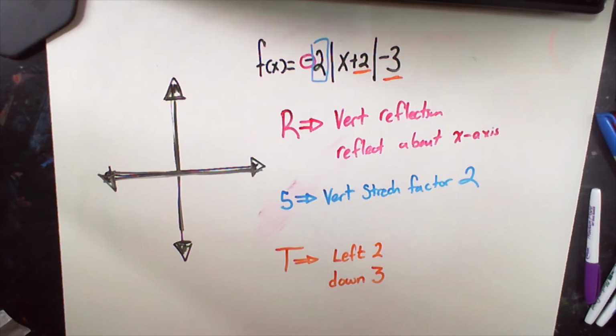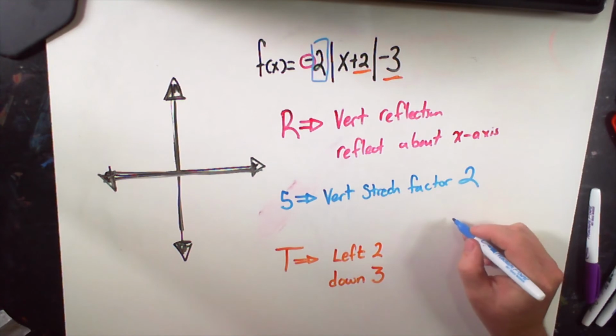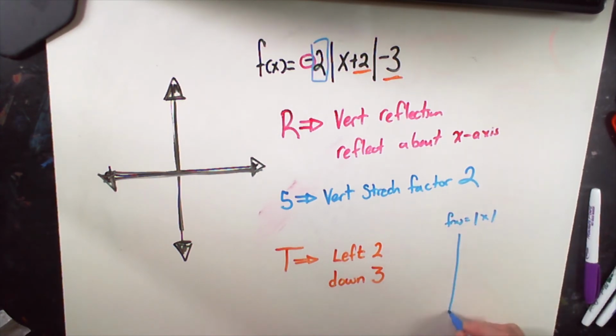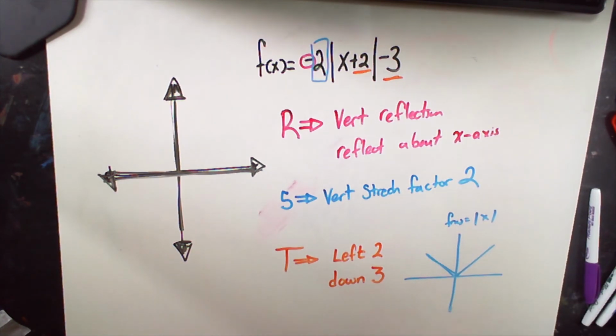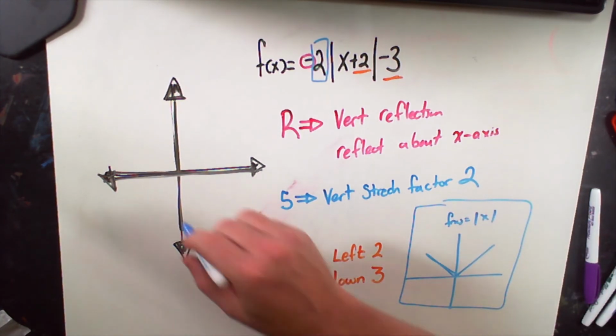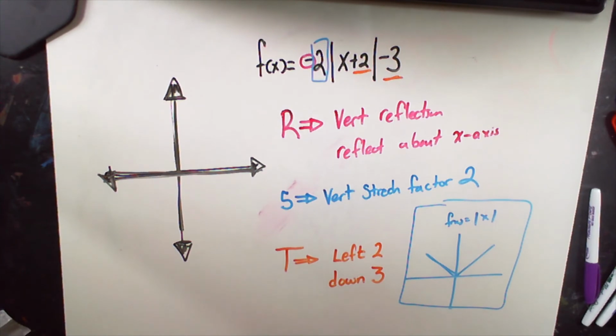Remember, our regular old f of x equals the absolute value of x looks like this, and it's at 0, 0. So that's our parent function. That's what we're going to refer to. Now we come over here and say, all right, where is the new one going to be?